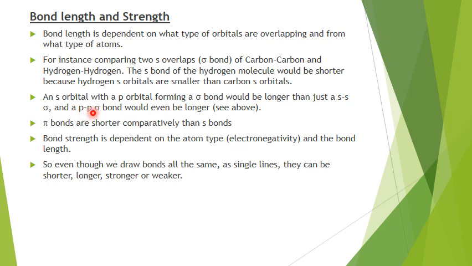If you have two P's, if you go back two slides, you'll see that the 2P sigmas will have the longest bond because the 2P's are end-to-end further apart. So the shortest of all of these, as long as they're all sigma bonds, are the SS orbitals, which are shorter than SPs, and then PPs are the longest of the sigma bonds.